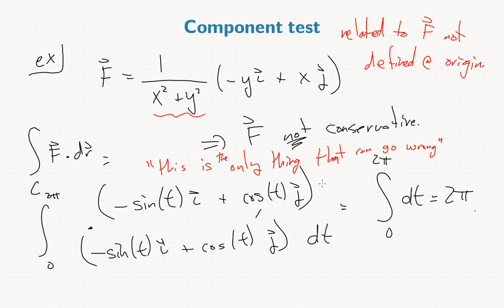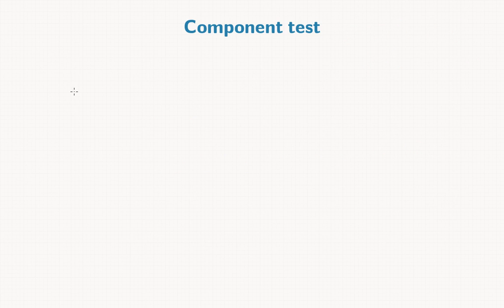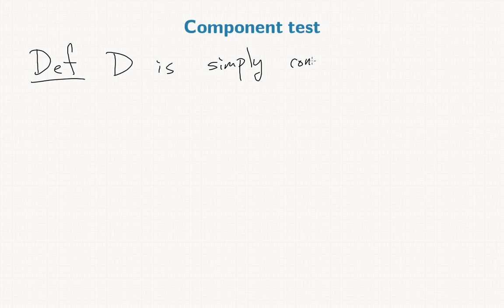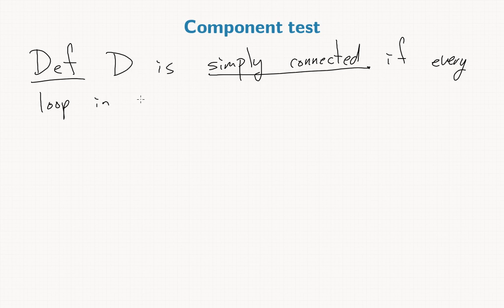So in the following sense, we say our region D is simply connected if every loop in D can be contracted to a point.